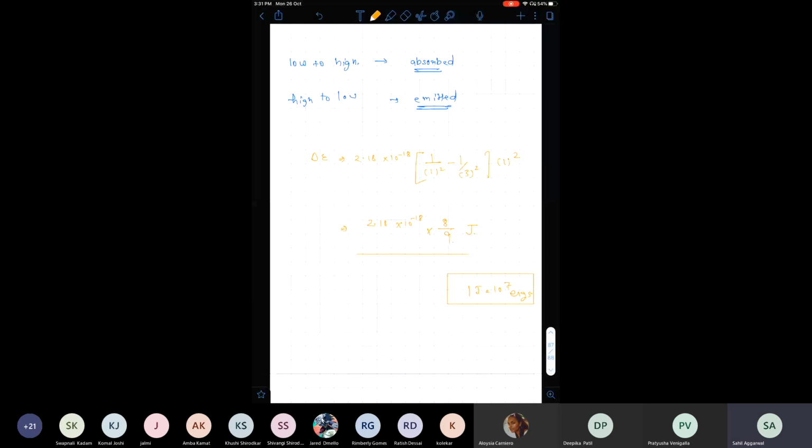That means if Deepika is saying 1.9 into 10 to the raised power minus 18 joule, then in ergs it will be 1.9 into 10 to the raised power minus 11 ergs, and this will be the answer. Understood?